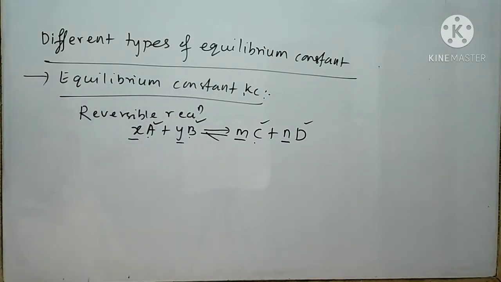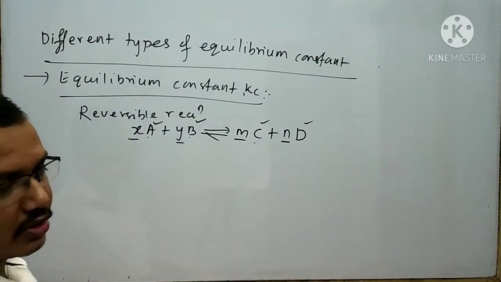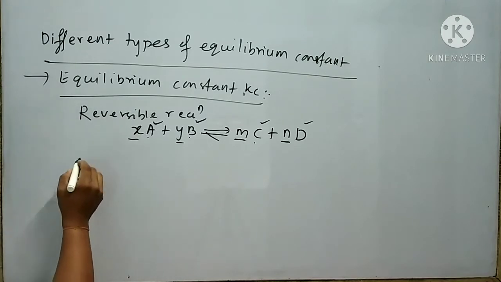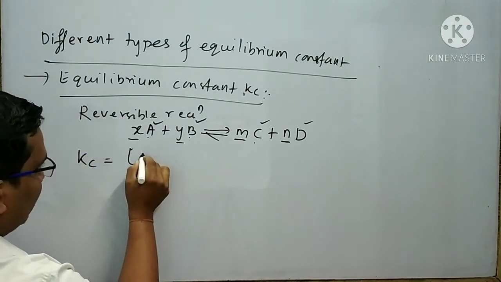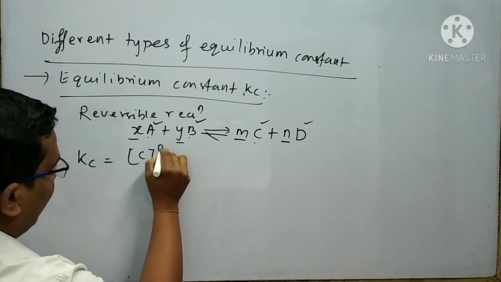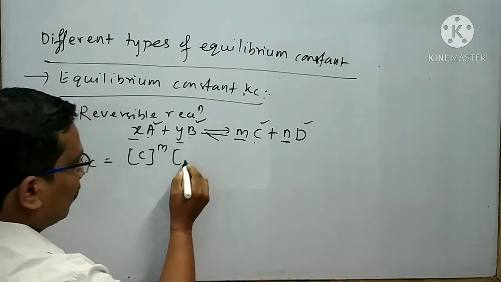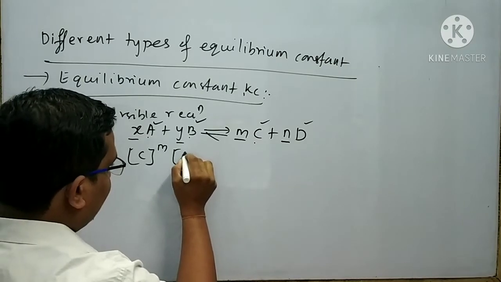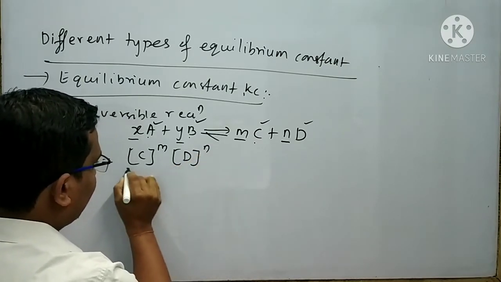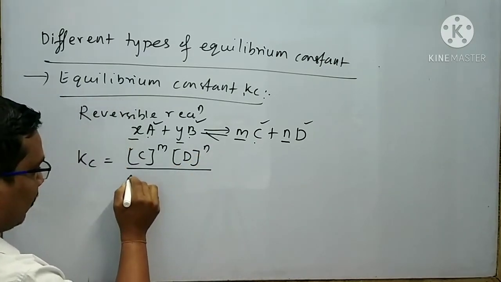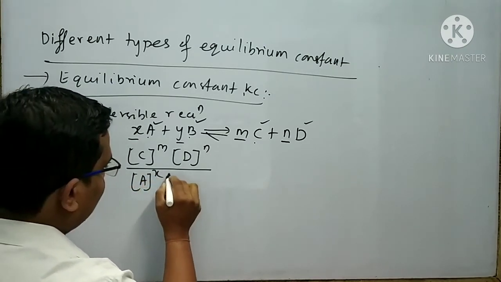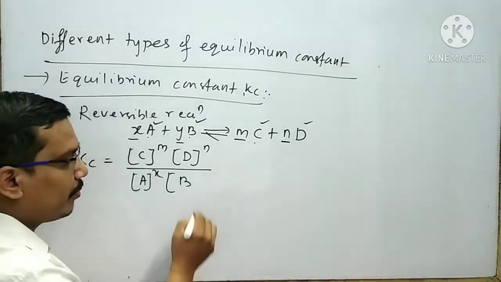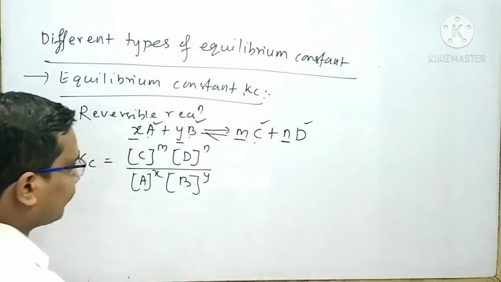According to the concept of equilibrium constant Kc, we can write Kc equals molar concentration of C power m into molar concentration of D power n divided by molar concentration of A power x into molar concentration of B power y.